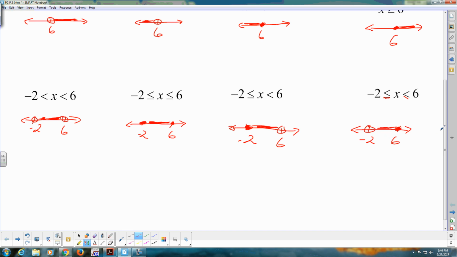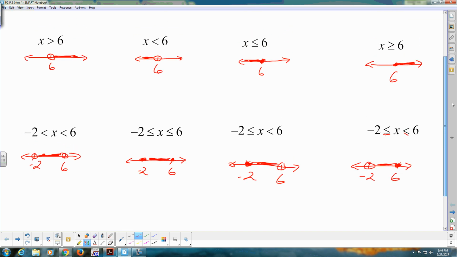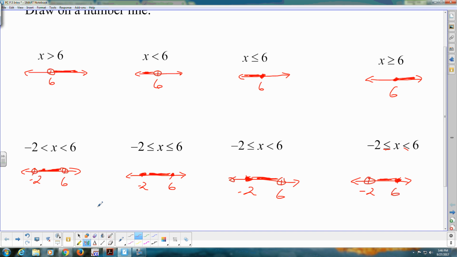Okay. Now, to go back to these first ones, how the book is going to suggest that you do this is using a different symbol for open versus closed. I don't particularly find this useful, and it still isn't doing interval notation, which is where we're going with it, but I will get you there momentarily. So, 6. Instead of having an open circle, they're going to use an open paren facing in the direction that it's shaded.